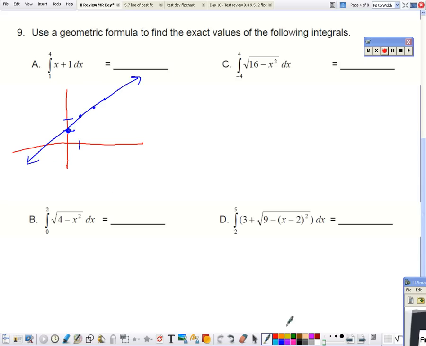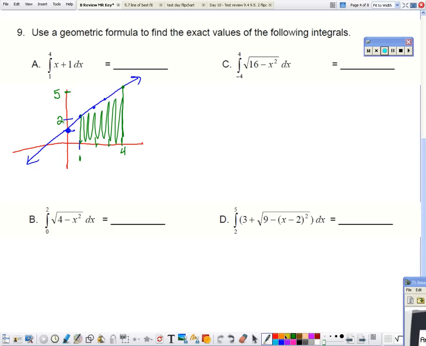But I only want the area between 1 and 4. So this y value is going to be at 5. This one's at 2. If I plug 1 into my function, 1 plus 1 is 2. If I plug 4 in, I get 5. So I need this area here.